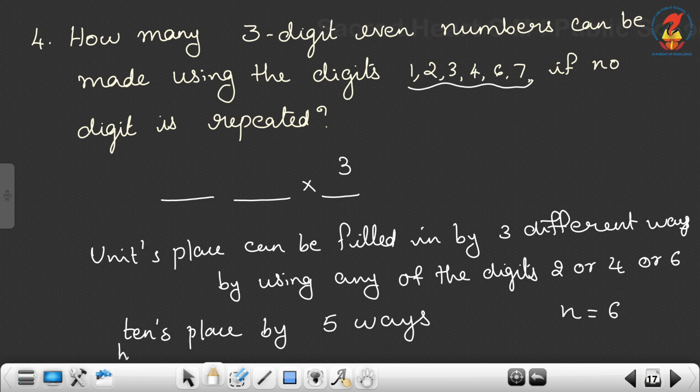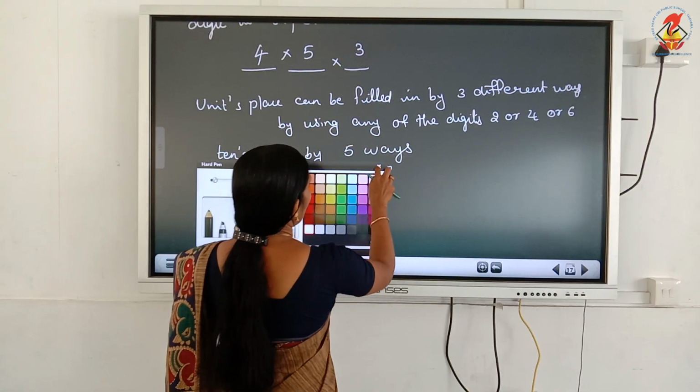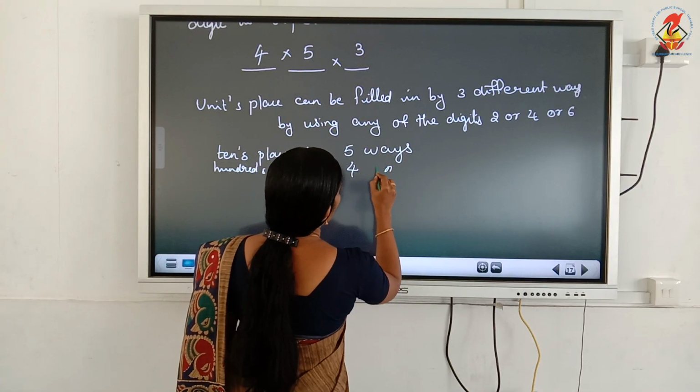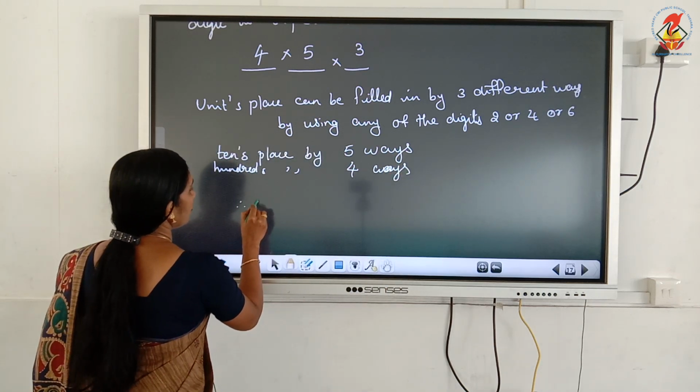Now the hundreds place, by how many ways? No digit repeated, so here 5 ways, then when we go to the next place it is 4 ways. So what is the required number? Therefore the number of 3-digit numbers.